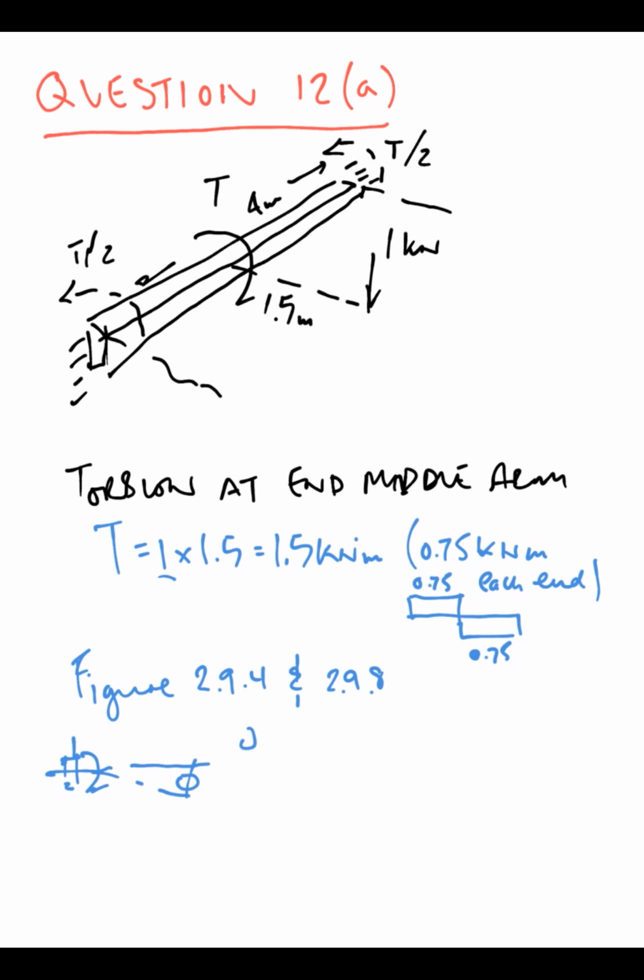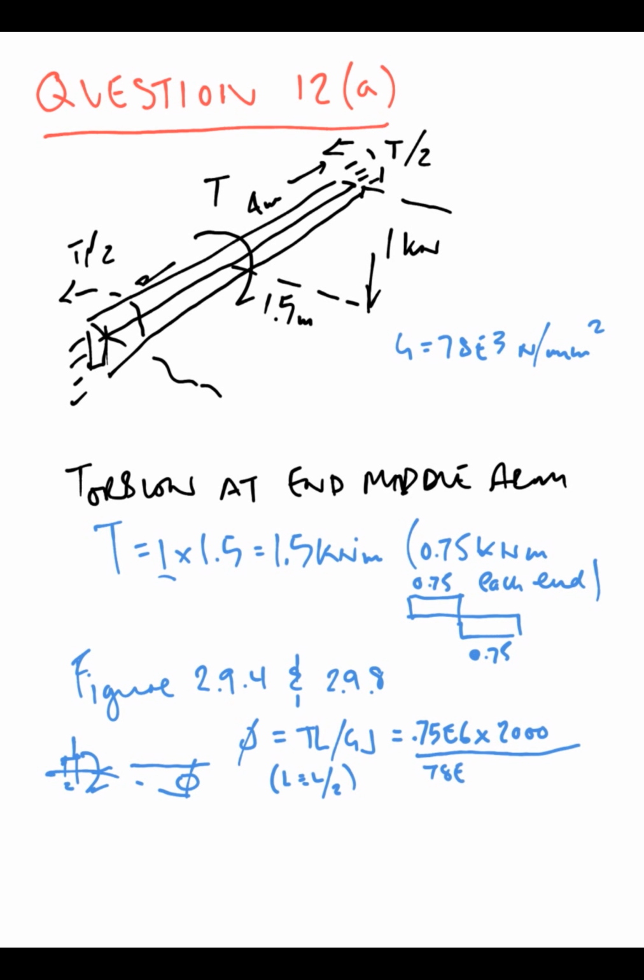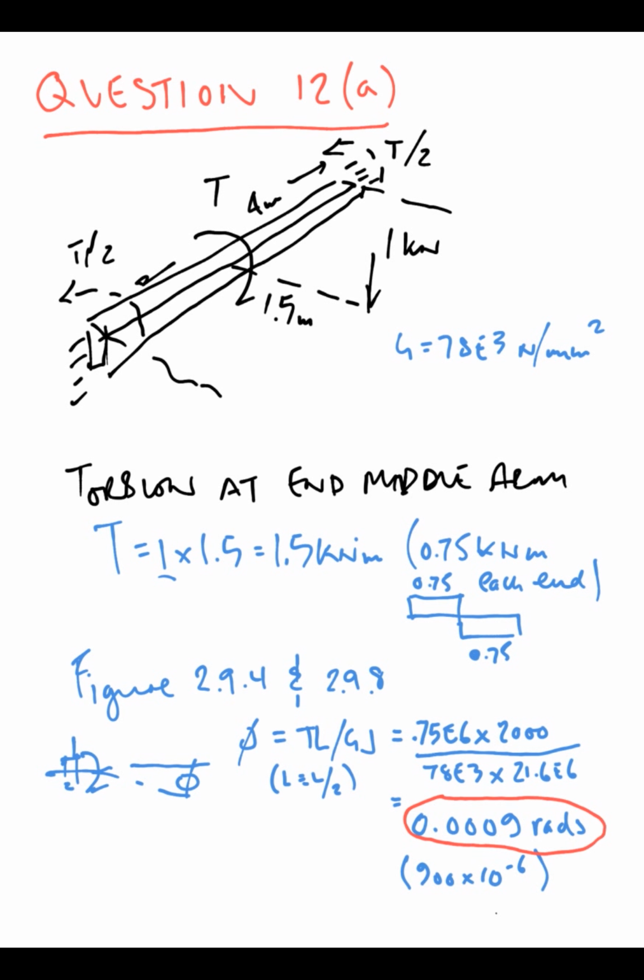From figures 2.9.4 and 2.9.8, the rotation is given by TL over GJ. G is 78 E3 newtons per millimetre squared, and the L distance is half the span in this particular instance. So we put those figures in and we come up with 9 times 10 to the minus 4 radians. This example is referring to the rectangular hollow section. Channel is next.